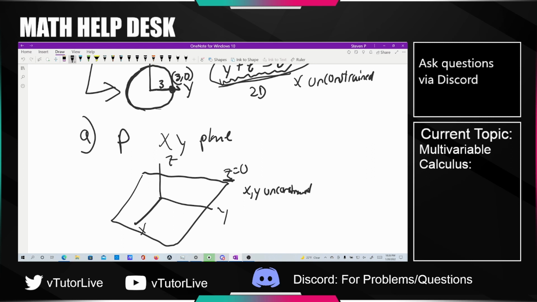If we're looking for a plane that's parallel and also includes the point P, which is (2, 4, -3), we don't really care about the X or Y value. All that we care about is the Z value, which is Z equals -3. So right there is your answer. Z equals -3 is the equation of this plane that's parallel to the XY plane and also contains point P. Any questions about that?